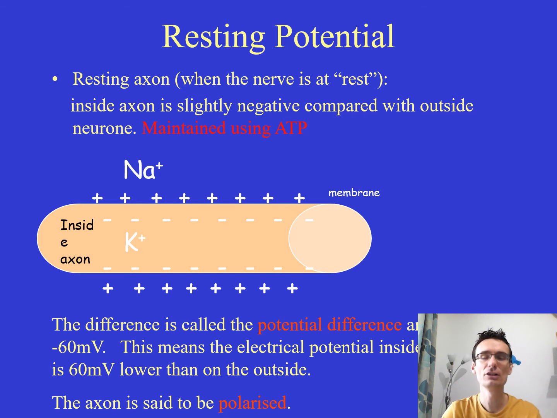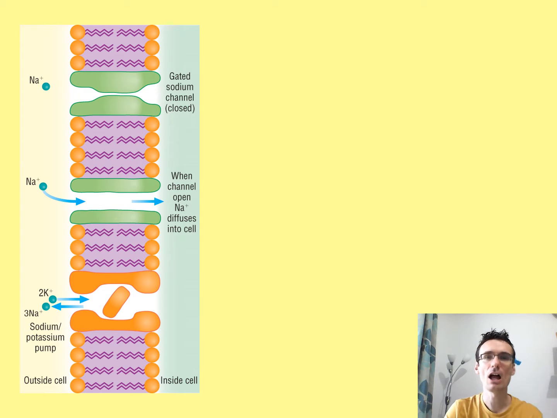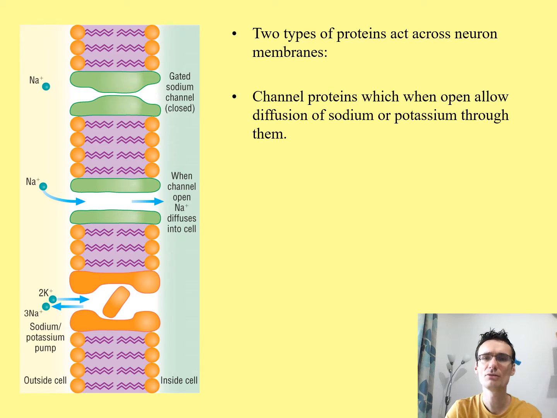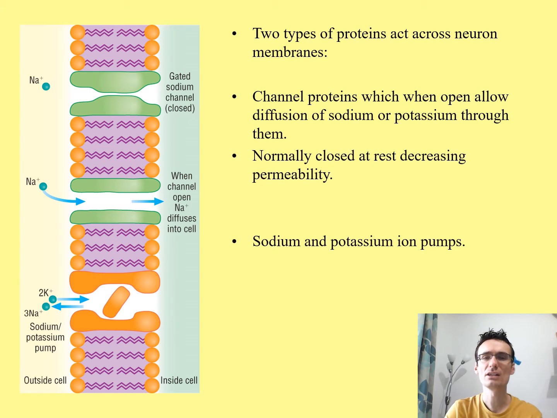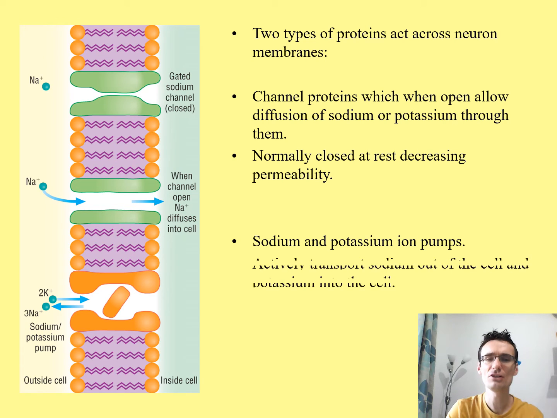So let's have a look at this. We've not mentioned this very quickly, other than really quickly. So we talked about the sodium potassium pump causing this minus 60 millivolt charge on the inside, which means the inside is slightly negative compared to the outside. Minus 60 millivolts is very, very small. We then talked about this bit here. So we talked about how this happens, and it's because the sodium potassium channels are closed, but the sodium potassium pump is constantly working, pumping two potassium molecules into the neuron, whereas 3 sodium molecules leave the neuron.